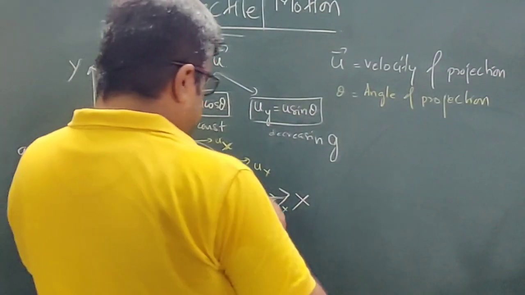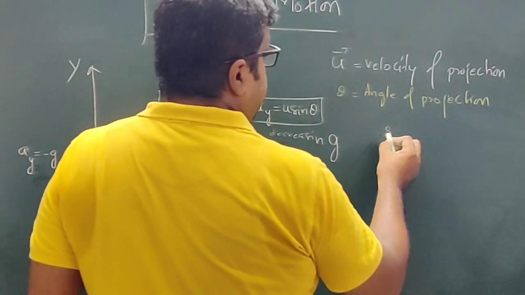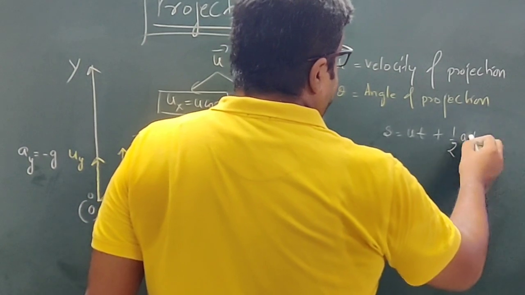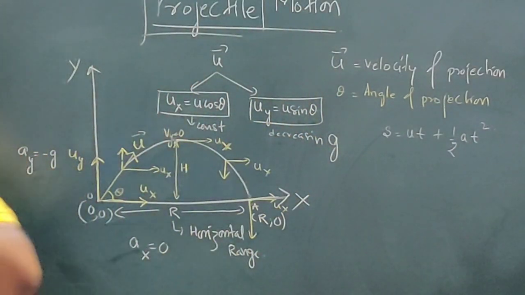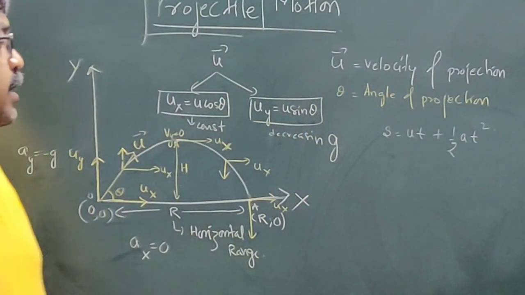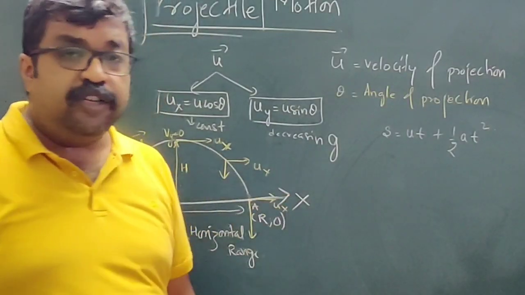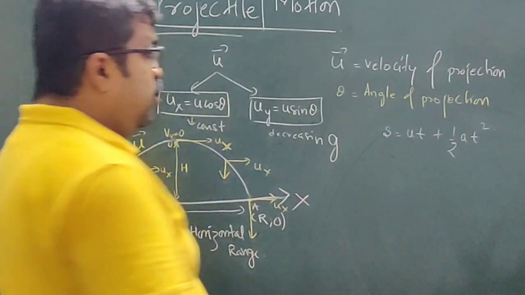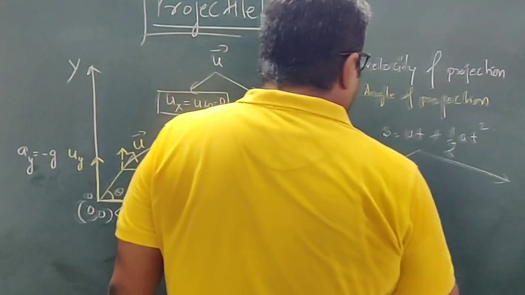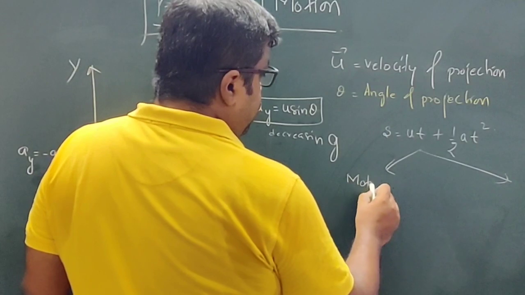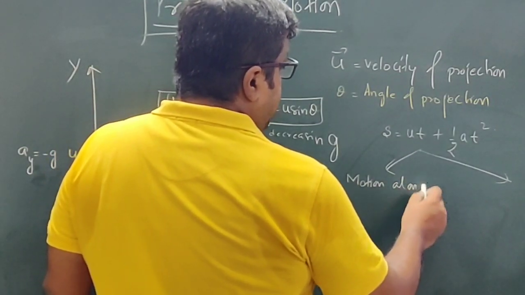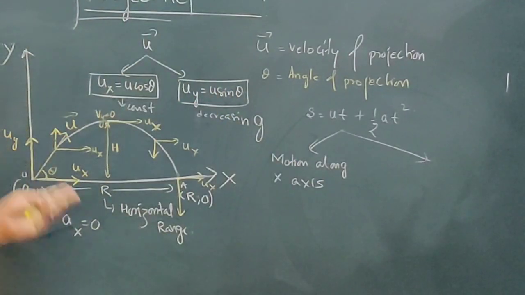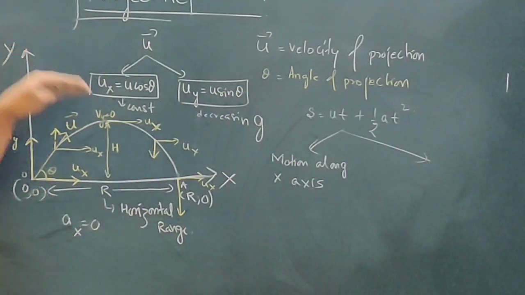So now, if we write the equation of motion, S is equal to ut plus half at square. This is the equation of motion. Now, here the motion is taking place in two dimensions. So, for motion along x-axis, here the object is moving along x-axis, it is also moving along y-axis.